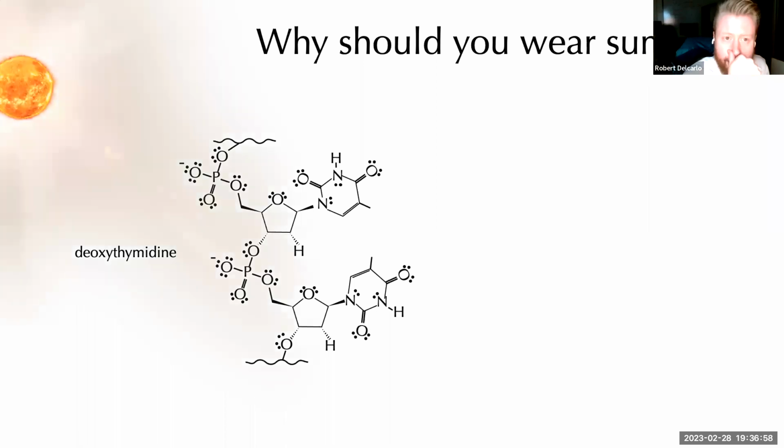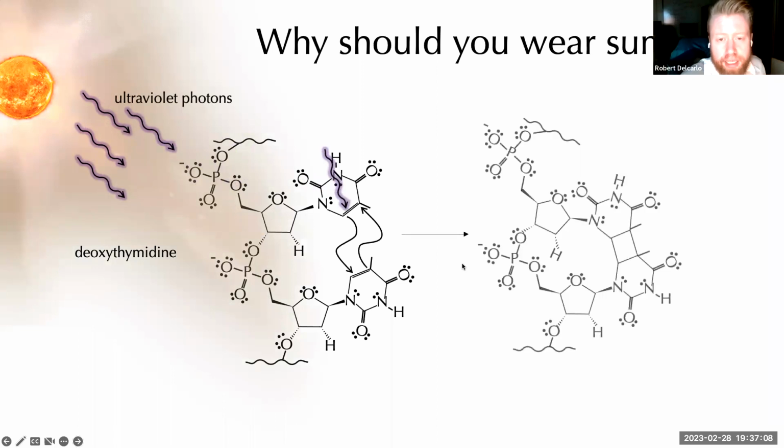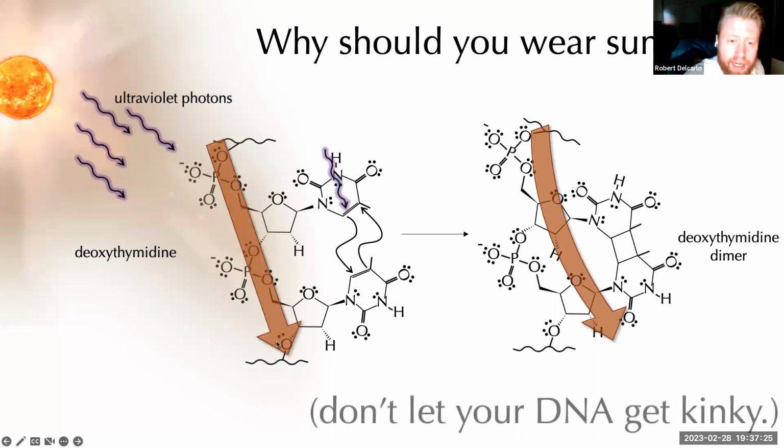Well, let's say that in the sun, these ultraviolet photons exist. One of them might happen to excite that double bond, which kicks some electrons over there, which kicks some electrons over there, and forms this deoxythymidine dimer, where you have these two bonds bound to each other. And that introduces a little bit of an angular strain on the DNA chain, whereas normally we had a nice kind of linear relationship.